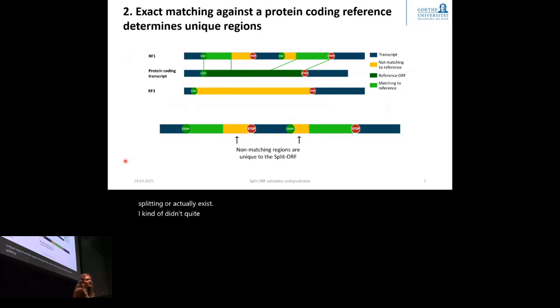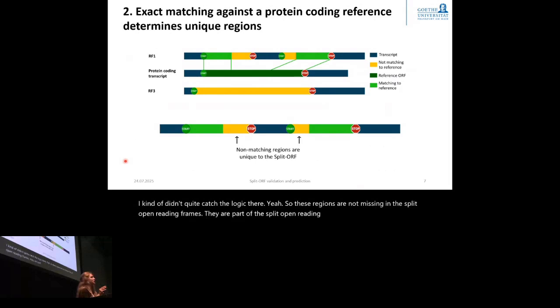So these regions are not missing in the split open reading frames. They are part of the split open reading frames. They just do not have sequence identity with any of the annotated protein coding transcripts. Our reasoning is, if you want to validate a split ORF and you look into Ribo-seq data and you see a lot of coverage, then you're happy, right? You validated the split ORF.